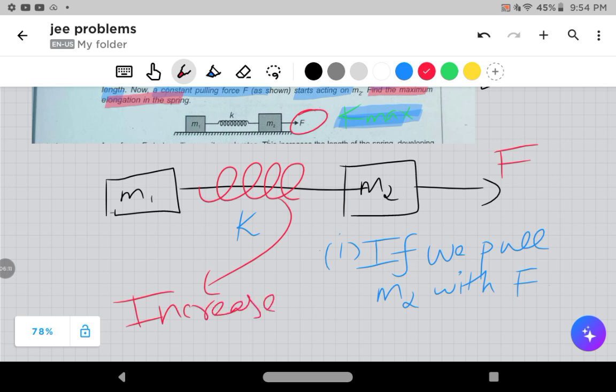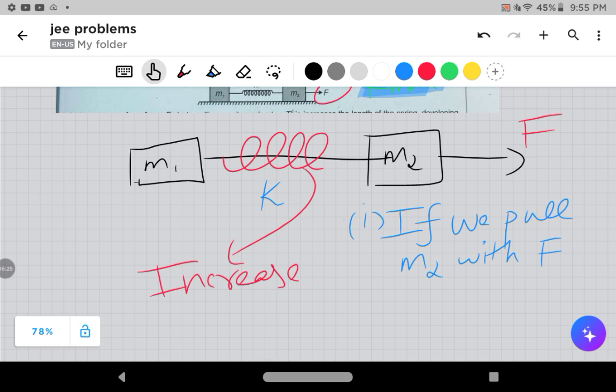But until what point does it increase? That is the thing you should know. If you find that out, then this question is going to be easy. Let's see until what point it's going to increase.